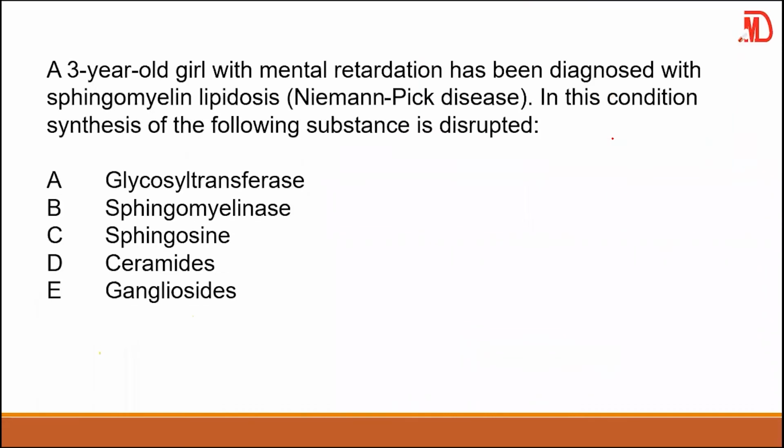A 3-year-old girl with mental retardation has been diagnosed with Niemann-Pick disease. Niemann-Pick disease. That is what? Sphingomyelin lipidosis. In this condition, synthesis of the following substances is disrupted. Guys, this one, no need to go and call me to come and answer for you. Your answer is right in your question.